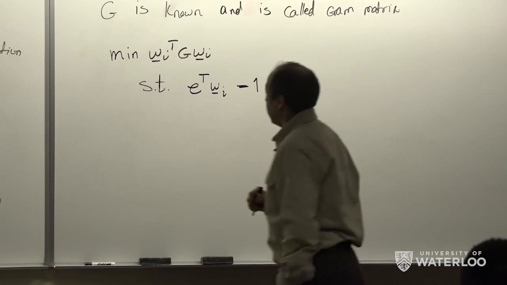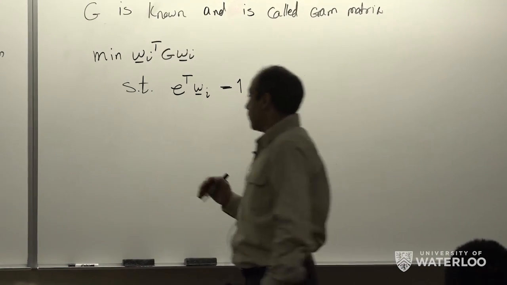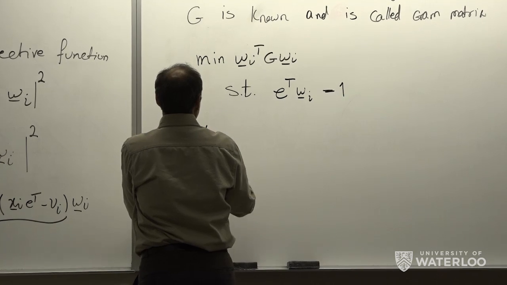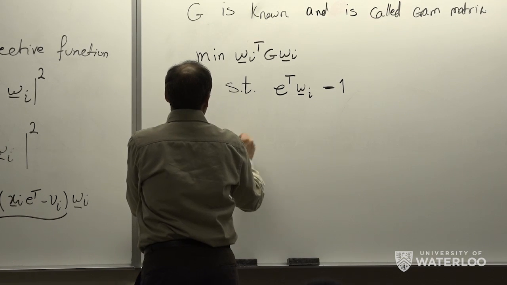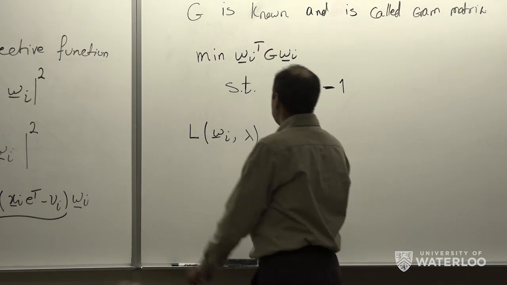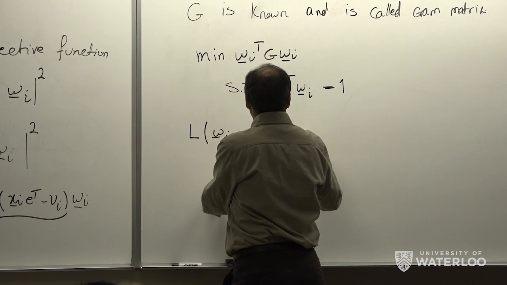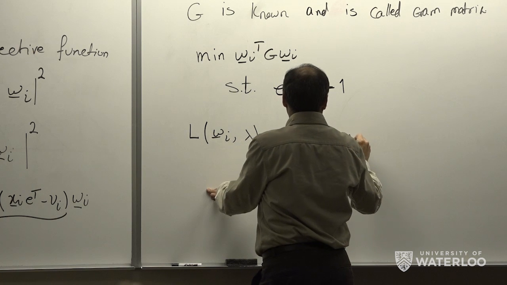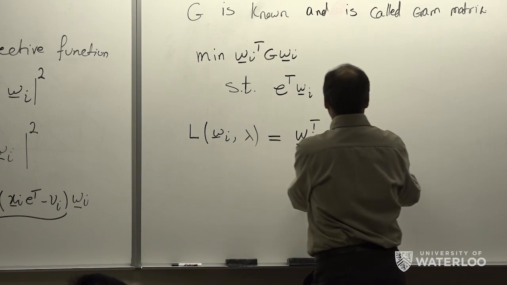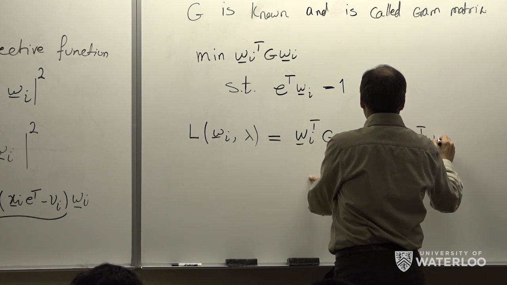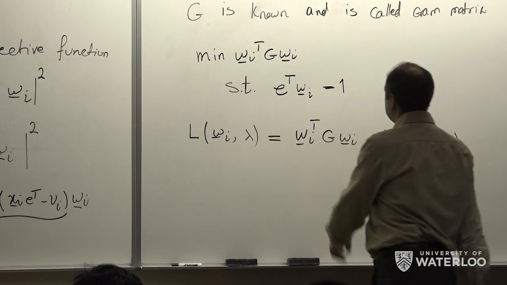So this is a constrained optimization problem. I can write the Lagrangian for this. The Lagrangian in terms of Wi and a dual variable lambda is going to be Wi transpose G Wi minus lambda times (E transpose Wi minus 1).